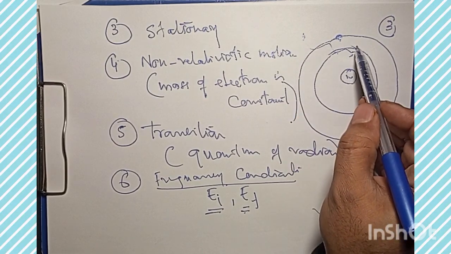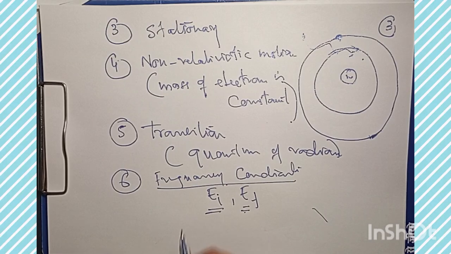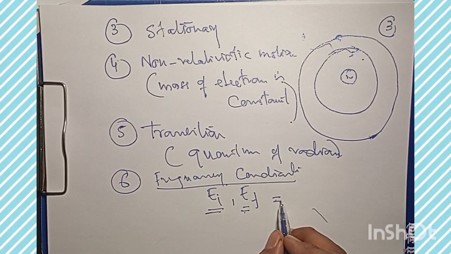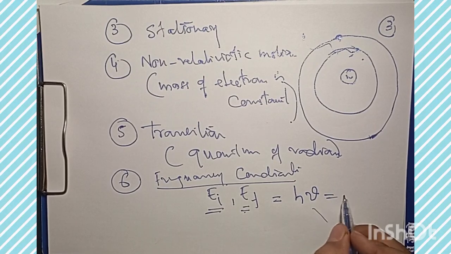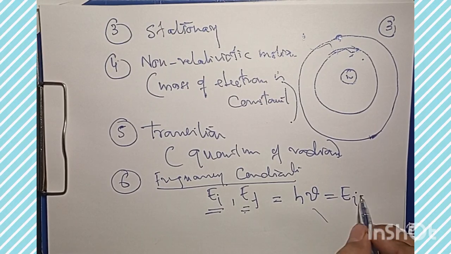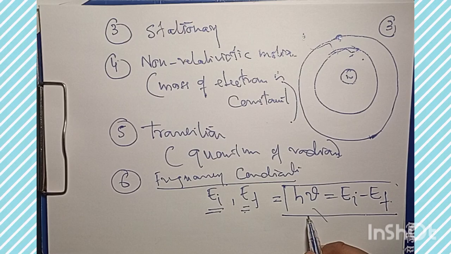Absorbed is when the electron has some energy and goes to the higher energy state. That is given by the energy of the photon. This difference in energy results in emission or absorption of the photon.